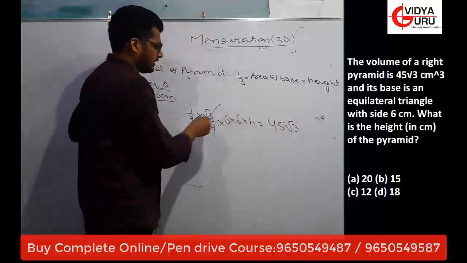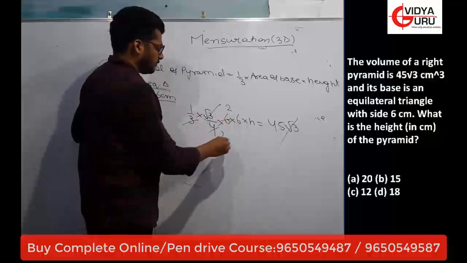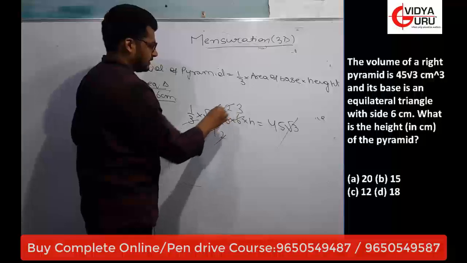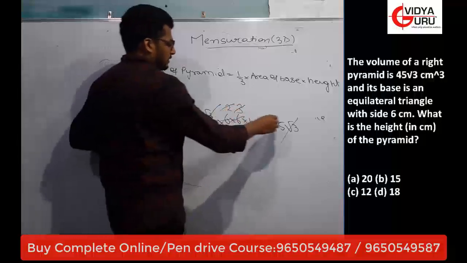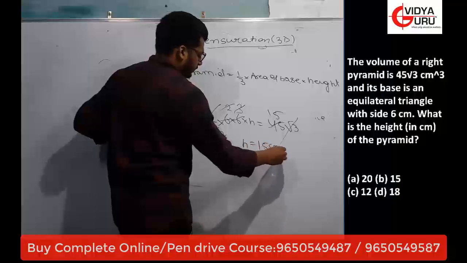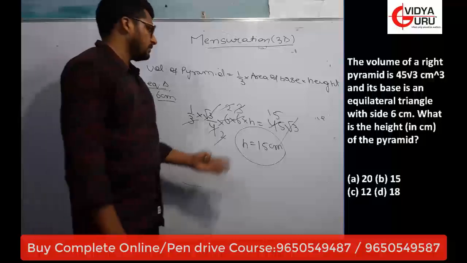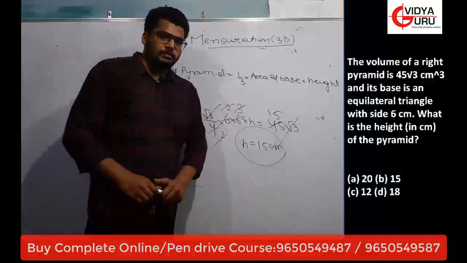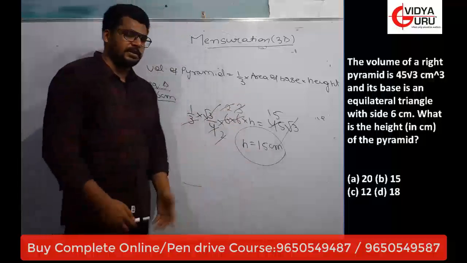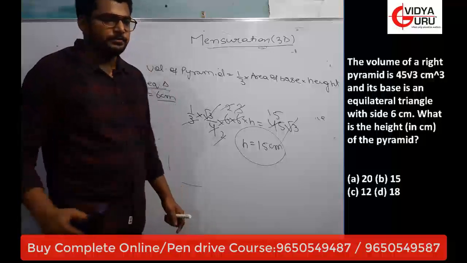We just need to calculate it. √3 will be cancelled out. 3 2s are 6, 2 2s are 4, 2 3s are 6, and this will also be cancelled out. 3 15s are 45. So the height will be 15 centimeter. This was a very easy and basic question. You just need to remember the formula, and it can be solved very easily. So coming on to our next question.